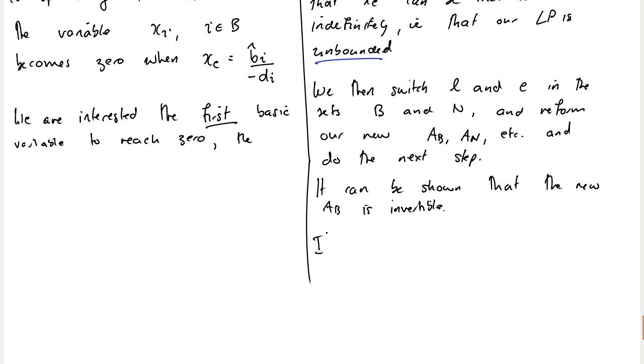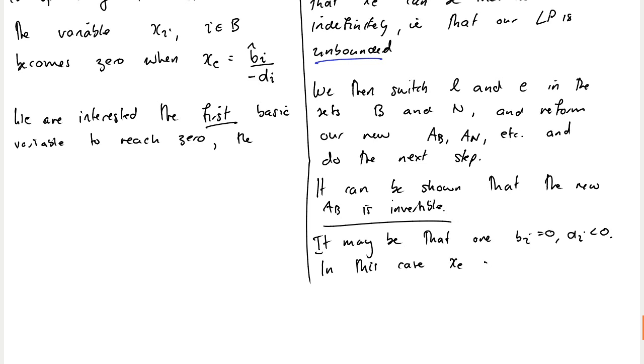It may be that one of the b hat i equals 0 with a negative di. Okay, so it gets chosen to be the leaving variable. In this case, xe can't be increased at all, so the objective is not decreased.